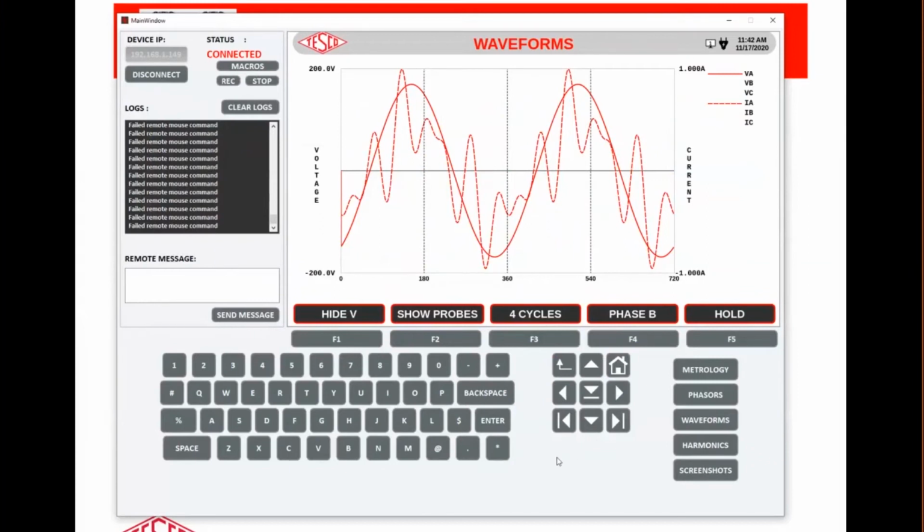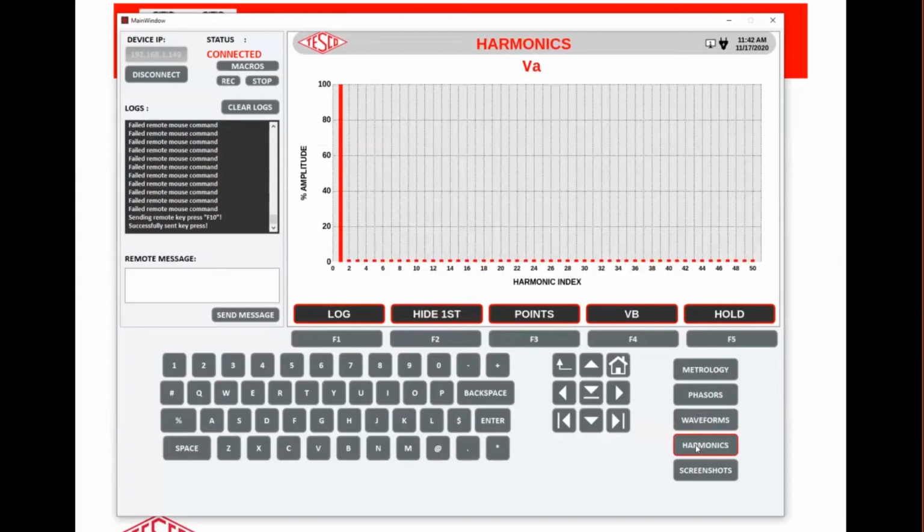And so if I want to look at the harmonics for that waveform, here's the voltage, and you can see it's got a single 60 hertz fundamental component.